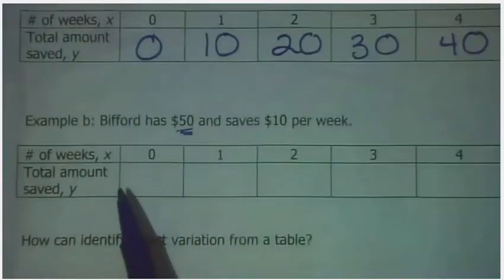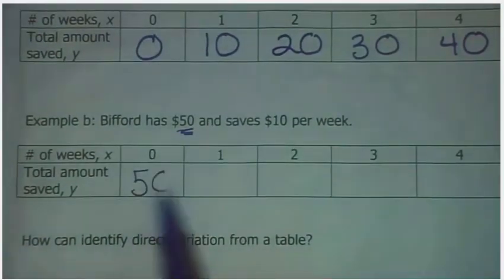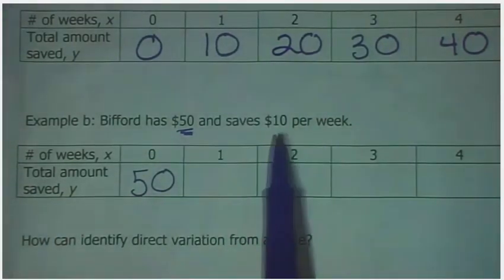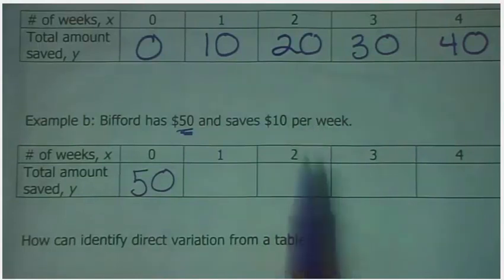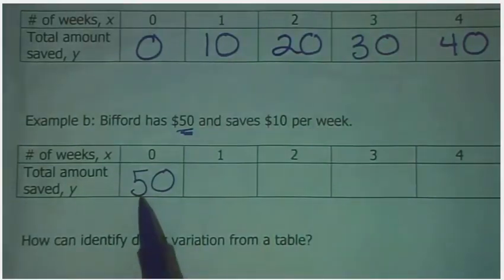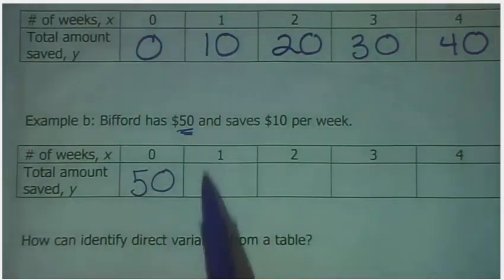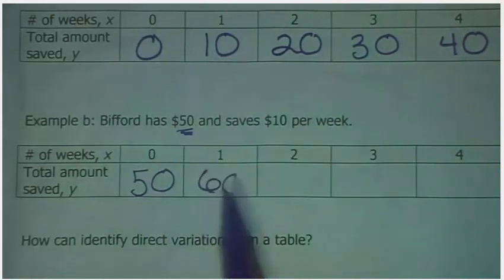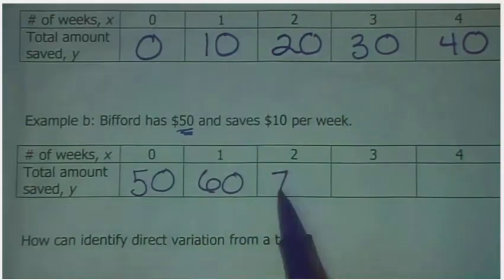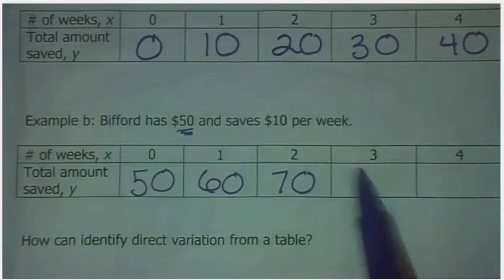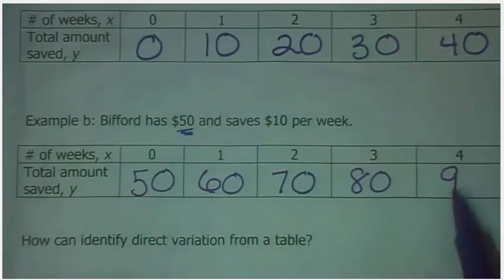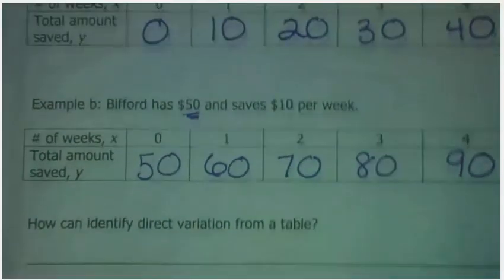So after 0 weeks, he's got $50. But is he getting $50 every week? No, he's getting $10 every week after that. So he starts with 50. After 1 week, we can add 10 more dollars. So 50 plus 10 is 60. And then just continue adding $10 a week after that. So $80, $90. All right.